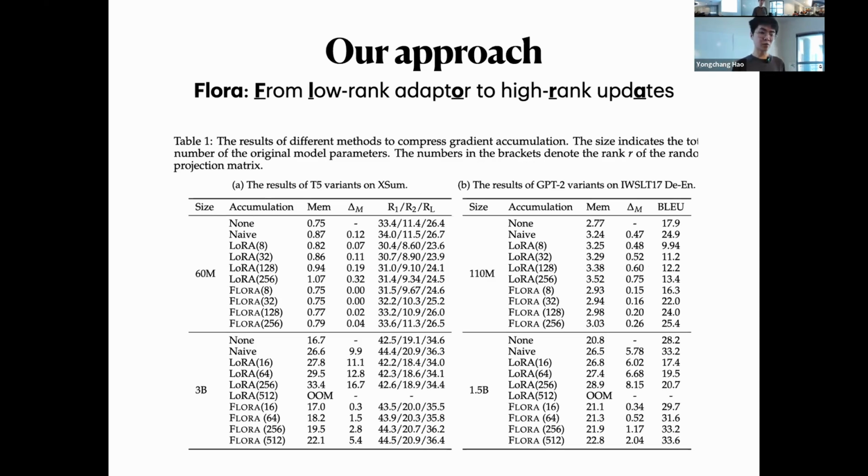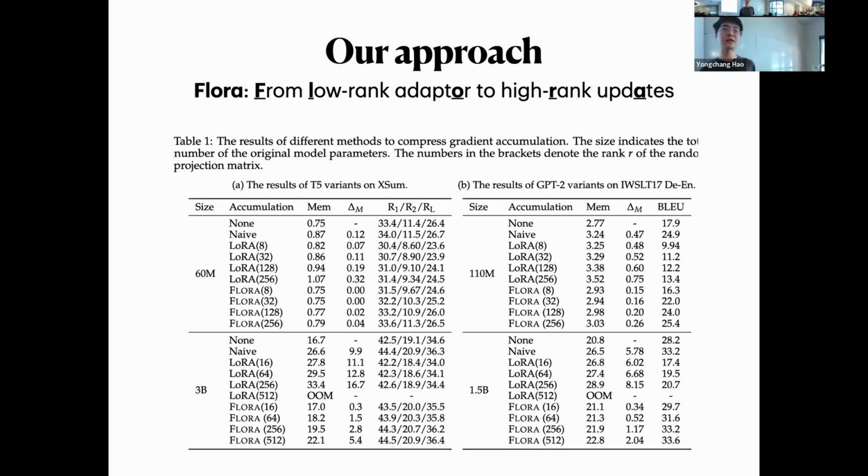And how does this work? We ran experiments across different model architectures on different datasets, including summarization with the encoder-decoder architecture, and also a translation dataset with a decoder-only transformer.